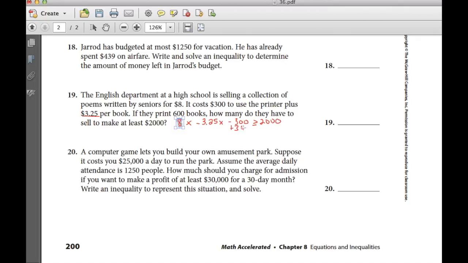So I added 300 to both sides, and I got 4.75x is greater than or equal to 2,300. Divide by 4.75. And I got that x should be greater than or equal to 484.